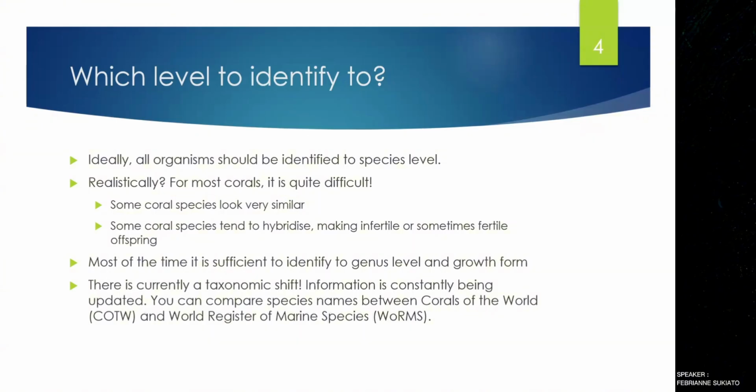Ideally, everything should be done via the species level, but realistically speaking it is quite difficult. It is sometimes difficult to guess which characteristics we're looking at. There are several species that really look the same and can only be differentiated by looking at other things, like how they sound, or little organs that are not really visible to us, or even genetics.